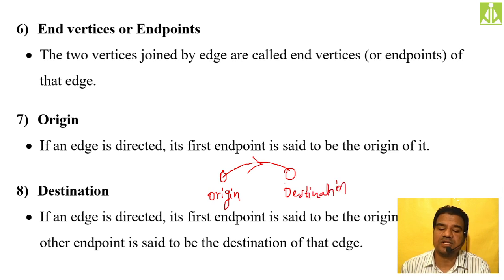Origin and destination, very simple to understand. These two are vertices. For a directed edge, the starting vertex is called the origin and the end vertex is called the destination.